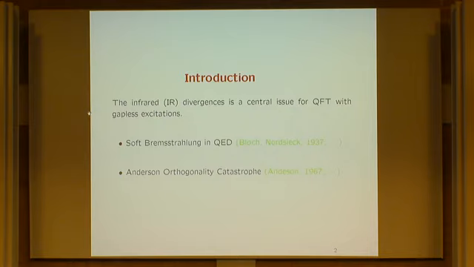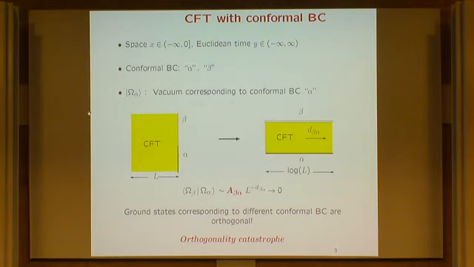I'm going to discuss the simplest possible models. I'm going to talk about the 1+1, two-dimensional conformal field theory with certain boundary interactions. Let's start with the conformal boundary to see the problem.